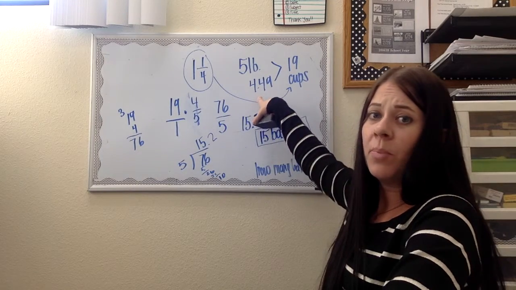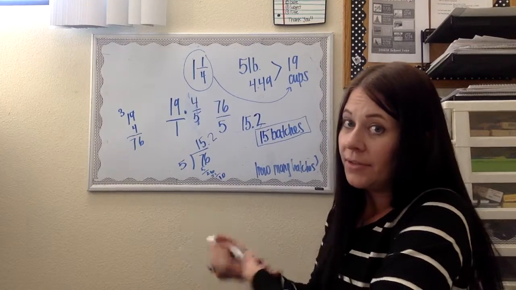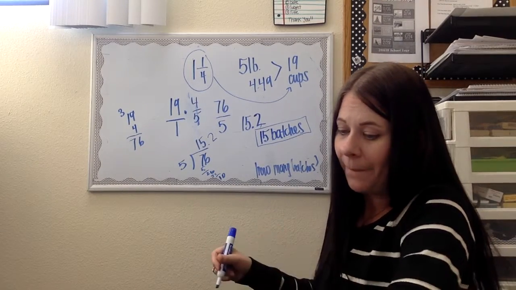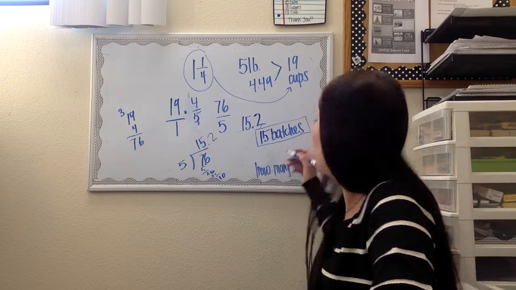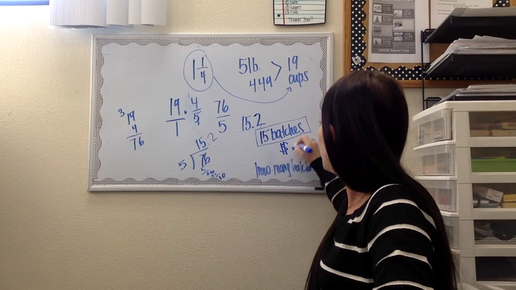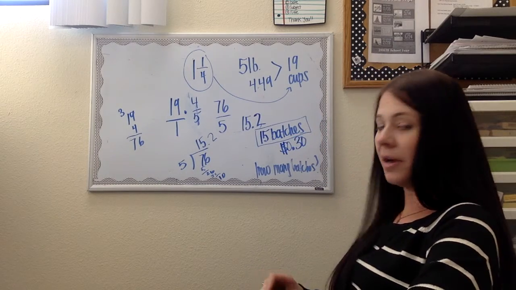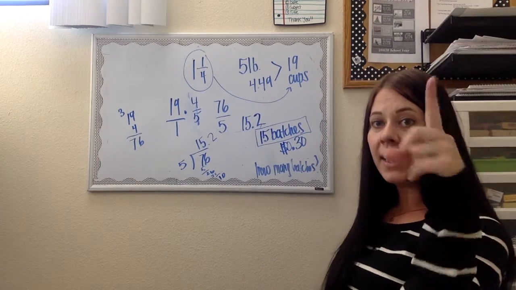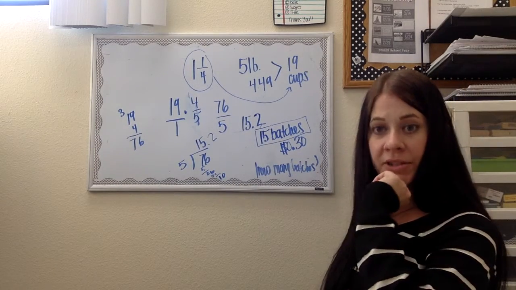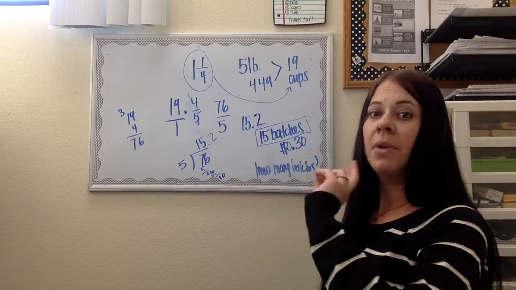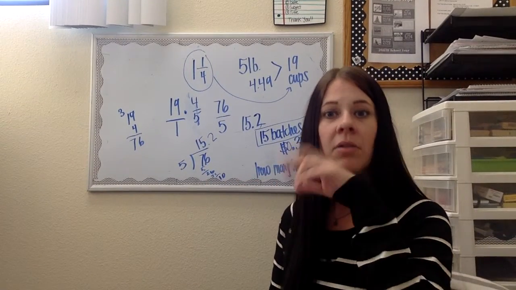So when I do 4.49 divided by 15, which you could do and pause the video, I get like 0.2999, so about 30 cents. Okay, about 30 cents per batch. So money divided by number. And if you need to, read the problem one more time, watch that little portion of the video one more time, and I think it'll click.